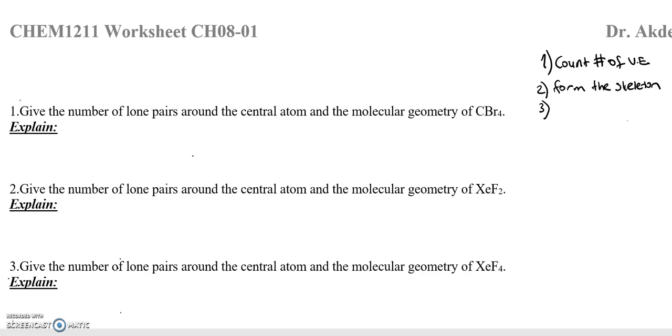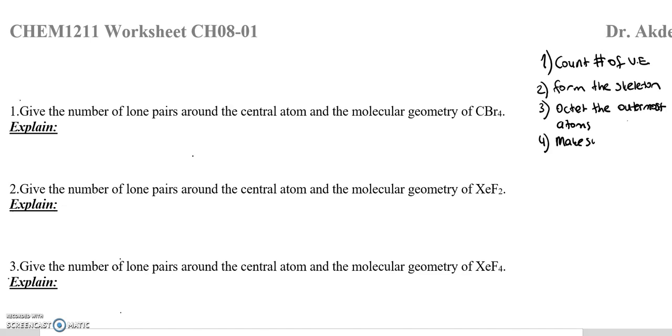Three, octet the outermost atoms. And four, make sure all atoms are octet, with an exception of hydrogen. Okay, so these are the 4 steps we can follow, and then we can determine the geometry of a molecule.